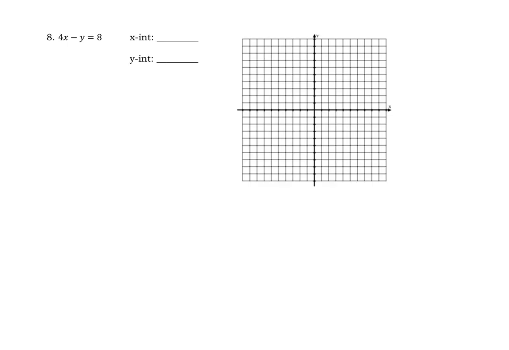Okay, the last one, same thing. 4x equals 8, and negative y equals 8. So now divide by 4 and x equals 2. The x-intercept is 2. That is 2, 0. And then divide by negative 1 and y equals negative 8.